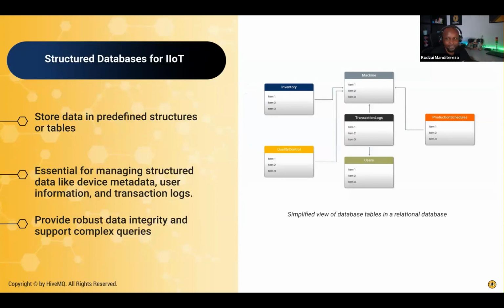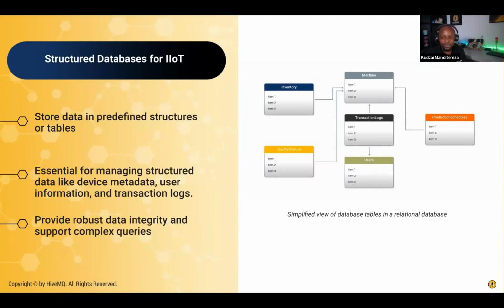Structured databases have been around for a long time. This is a way of creating predefined structures and tables, and really a way of managing your metadata, which is hard to manage within a time series database. For example, if you want to store data about where a particular machine is located, such as GPS coordinates or the firmware version, you don't want to continuously send or store that in a time series database.